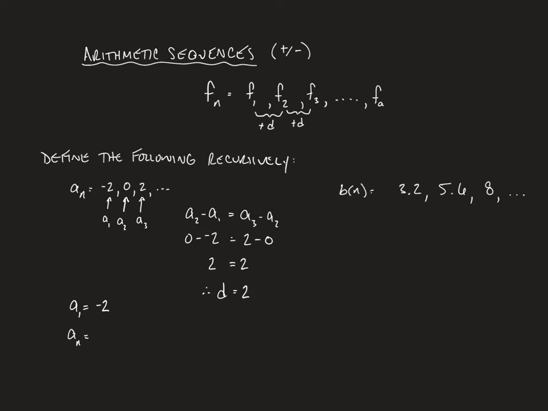So the way that I'm going to write that in subscript notation is I'm going to say take the previous term, which is defined as a sub n minus 1, and add 2. Because if this means the nth term, then this means the term right before that, right? If n is 7, then this means the 7th term.